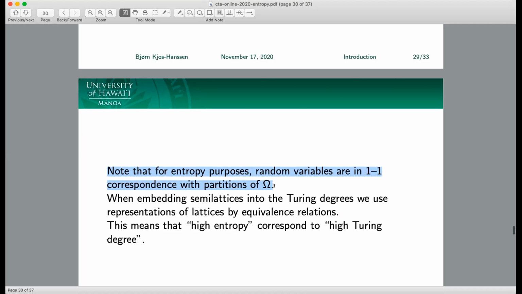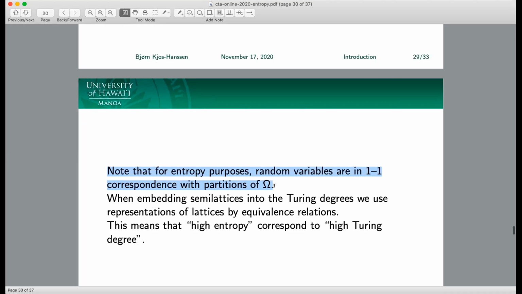If every outcome gives us a different value of our random variable, then we have the greatest possible entropy on that probability space. But maybe there are several outcomes that give the same value, and that reduces the entropy. So each random variable just corresponds to a partition of the set.